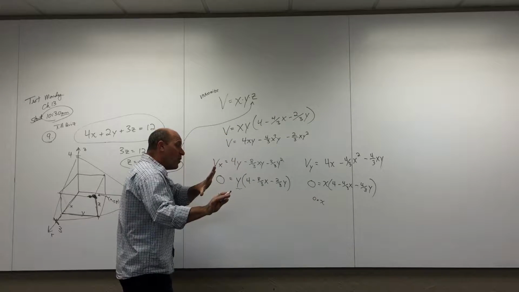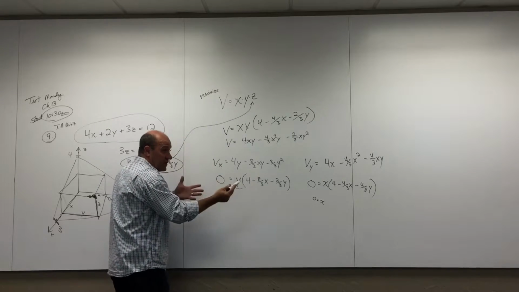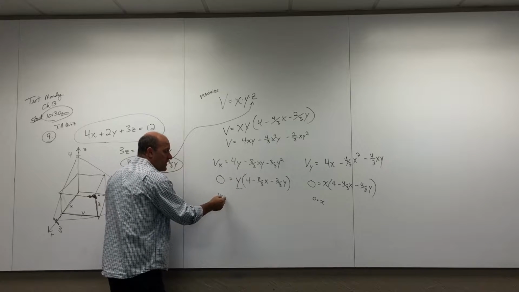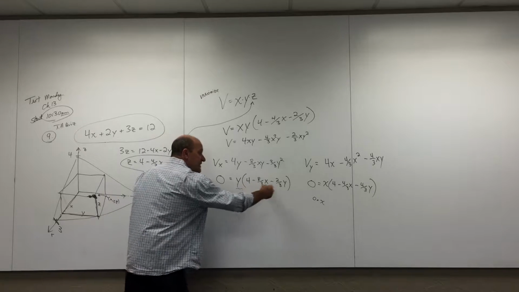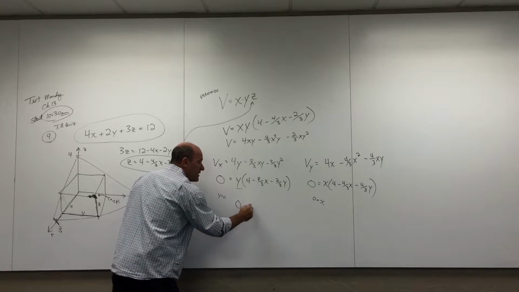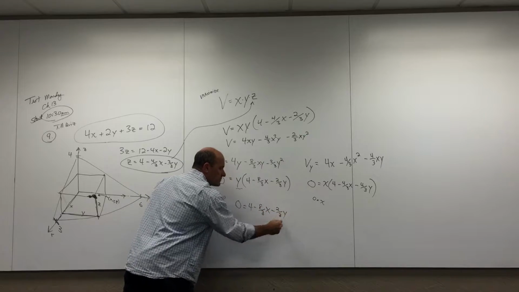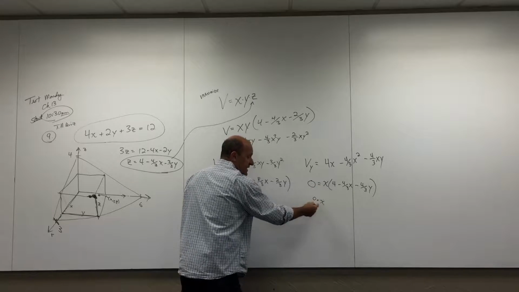Because when you have something factored, you set each factor equal to 0. I tried to set this factor equal to 0 and talked you into that it's not what I want. So I'm setting the other factor equal to 0. I set the x equal to 0 and talked you into saying that doesn't matter.